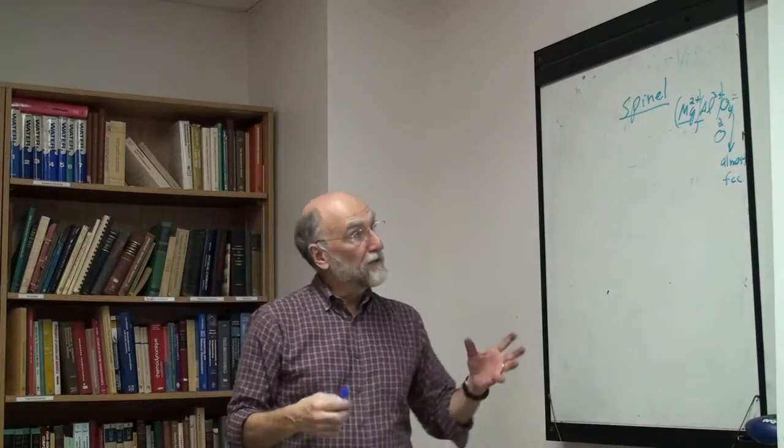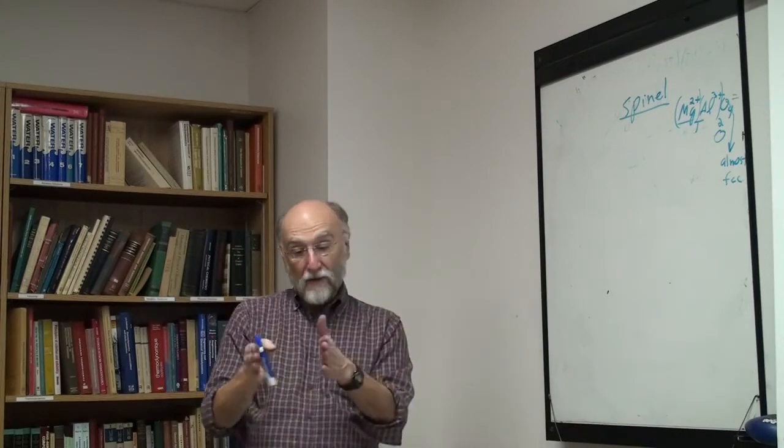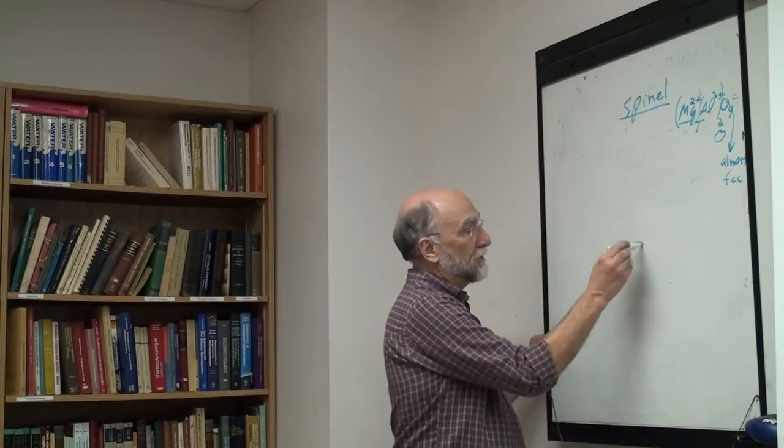You can imagine a face-centered cube with oxygen ions at the corners and at the centers of the faces. In a face-centered cube you have octahedral sites, like the very center of the cube.